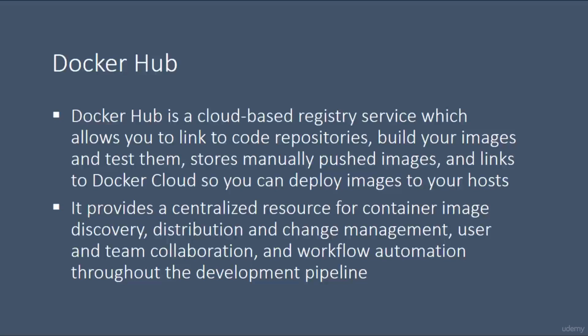Docker Hub also provides a centralized resource for container image discovery, distribution and change management, user and team collaboration, and of course, workflow automation throughout the development pipeline. So think of this as just a cloud-based service where you can store all these images and later push them to your hosts, whether the production environment, the test environment, or the cloud, such as your Google Cloud.